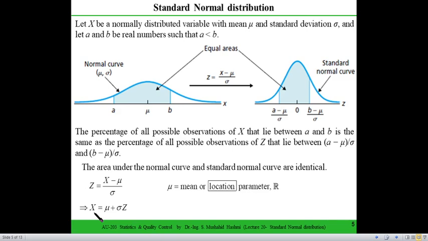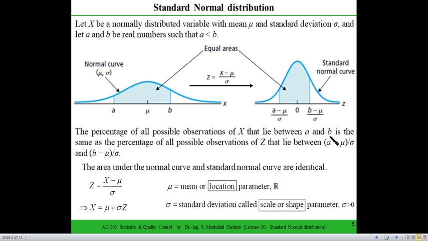Here mean is called a location parameter, which can be any real number, and sigma, the standard deviation, is called a shape or scale parameter, because different values of sigma represent different shapes for a given mean value. So this transformation turns the normally distributed random variable x into a standard normal variable.